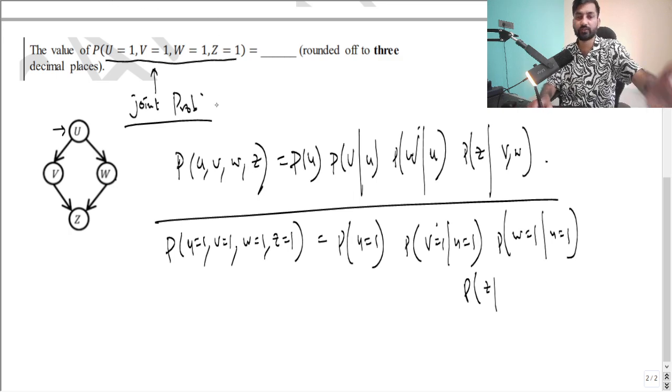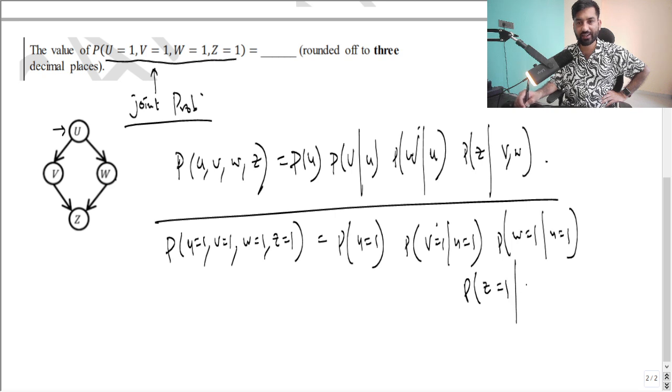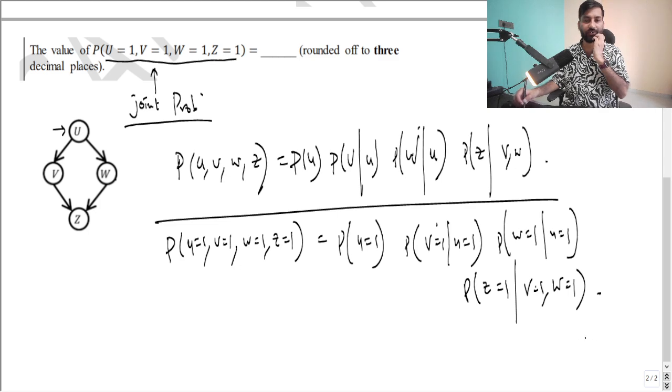Because they are asking you to compute the joint probability at a particular value, you can say G equal to 1 given that V equal to 1, W equal to 1. So all these values are given in the table.